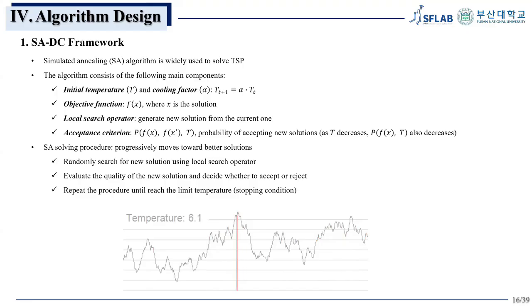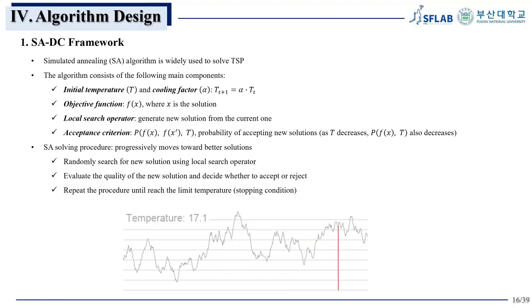The acceptance criterion is the probability function, which takes the objective value of the current solution, the new solution, and the temperature in order to calculate the probability of accepting the new solution. By using the acceptance criterion, SA can accept a worse solution than the current one in order to find more potential solutions.